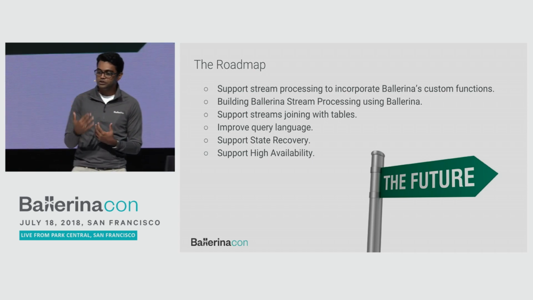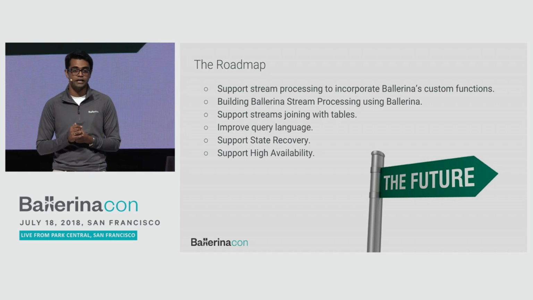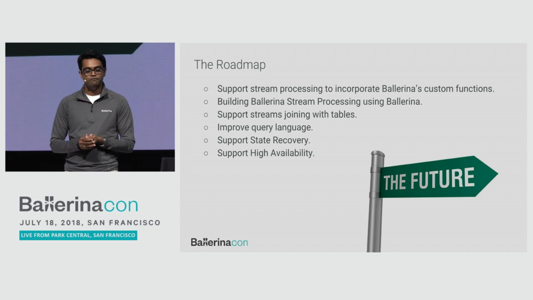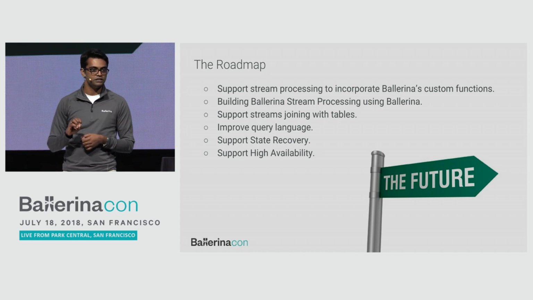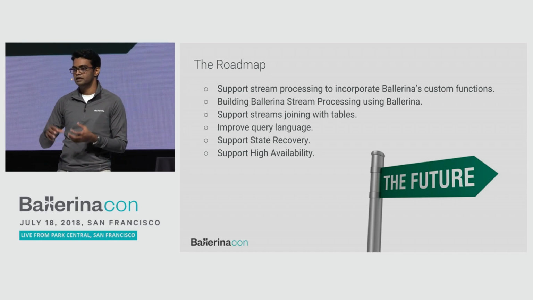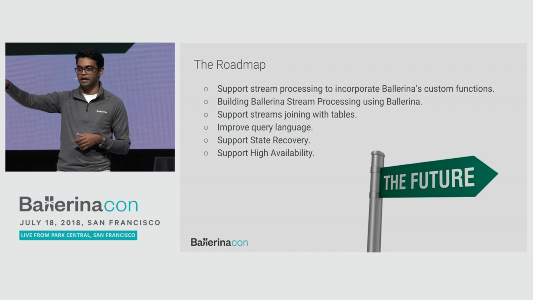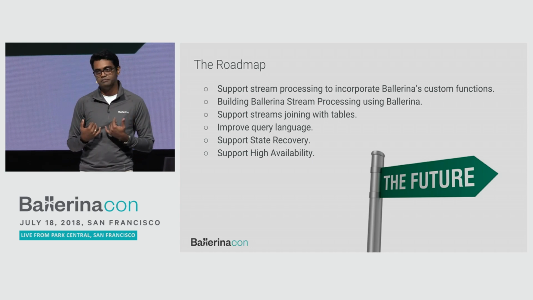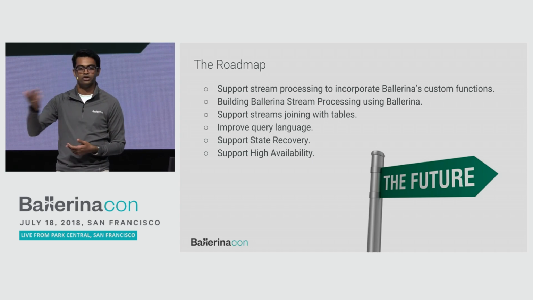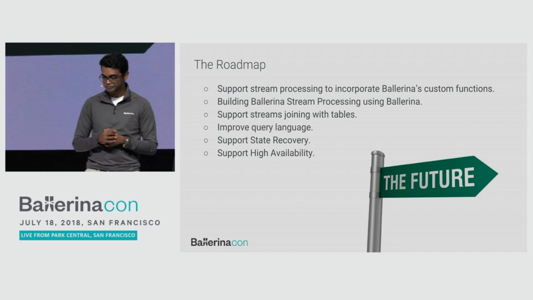Now we are bringing them into more and more Ballerina-native programming, so that in future, if you want to do a UDF, you can write a normal Ballerina function and call that within the code. For example, if you want to write standard deviation, you can write a standard deviation function in Ballerina and call it within the code, so that when the data is streaming, the standard deviation is calculated based on your logic. So that kind of extensibility is being added currently.